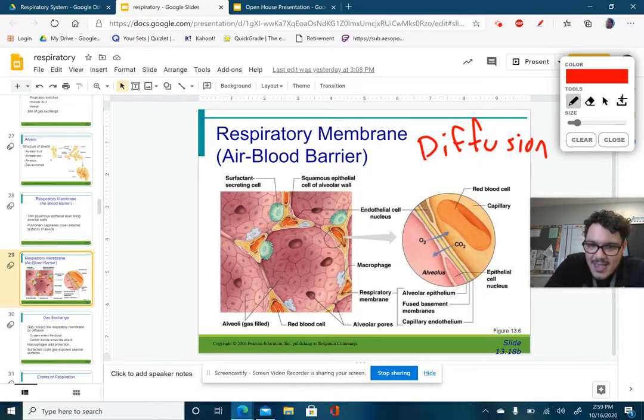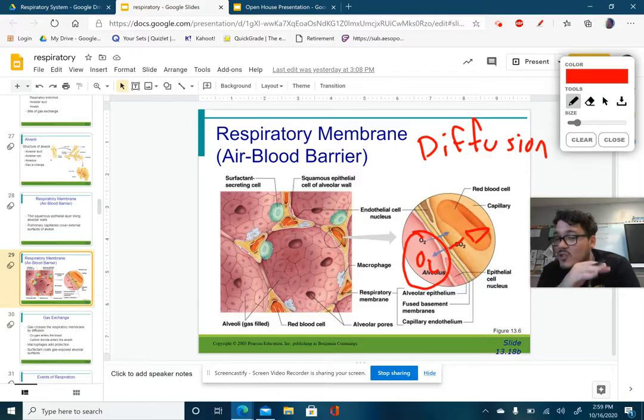Let's say I had 2 molecules of oxygen, O2, in the alveolus, and I had 0 molecules of oxygen in the blood. What diffusion states is that these molecules are going to want to fly over into the red blood cell because there's none there. Literally, you're just moving from high to low concentration. As simple as that.